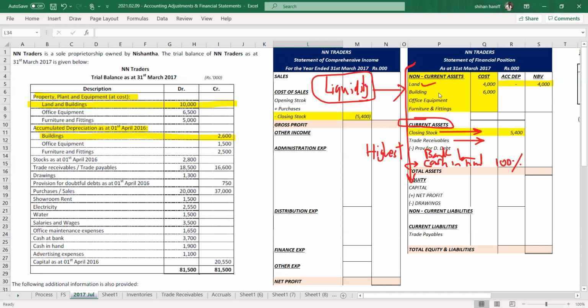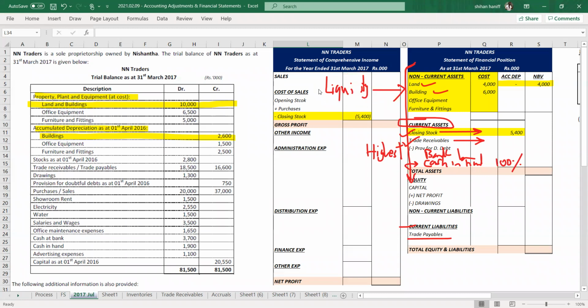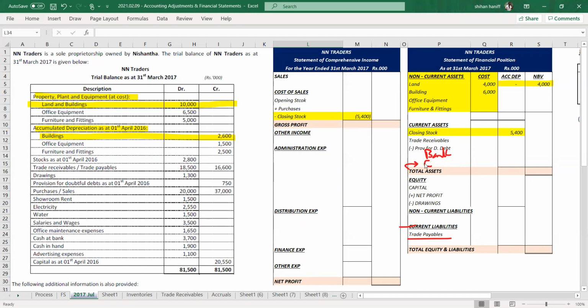It starts with land and building. In current assets, you start with closing stock and the trade receivables. And in current liabilities, you start with trade payables. So liquidity is important when recording the assets and liabilities in the statement of financial position. Thanks for asking that question.